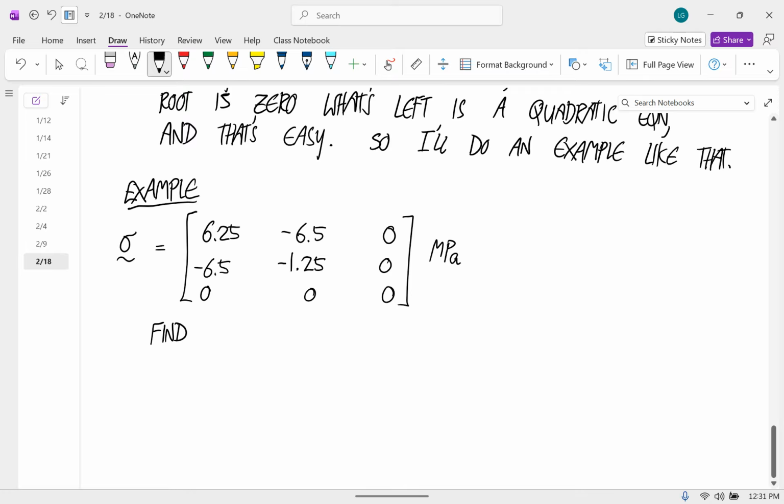And we're going to find the principal stresses and the corresponding eigenvectors.